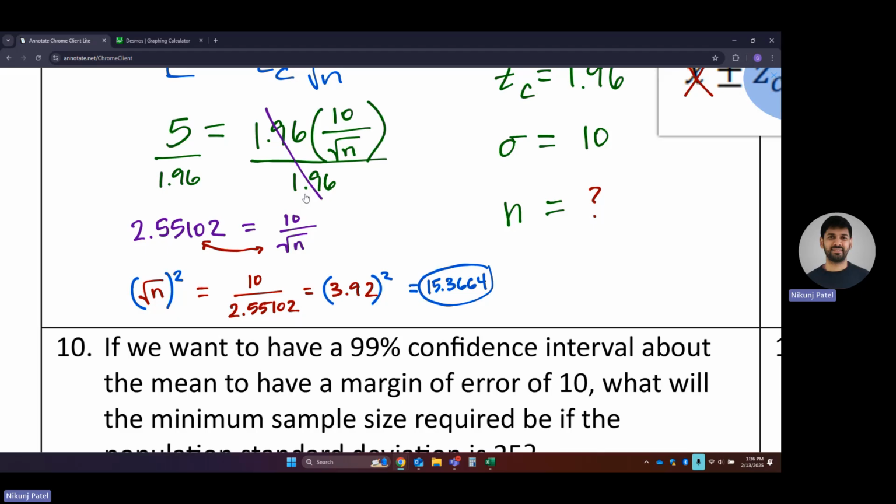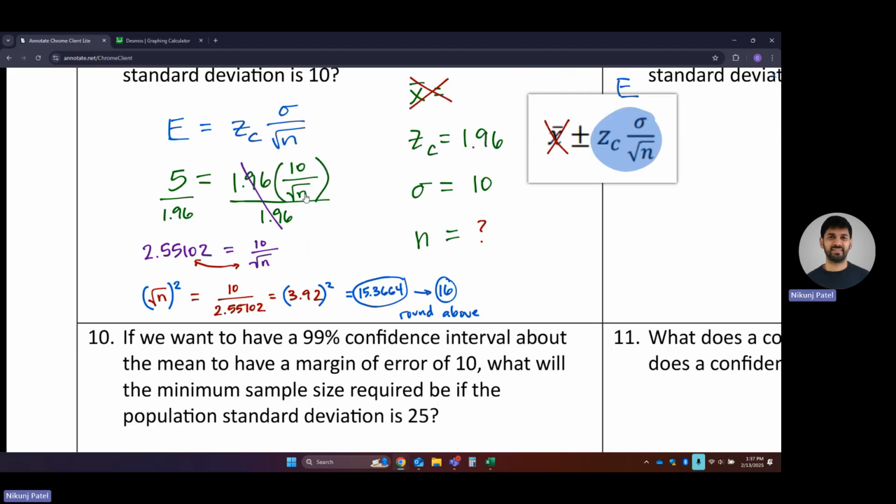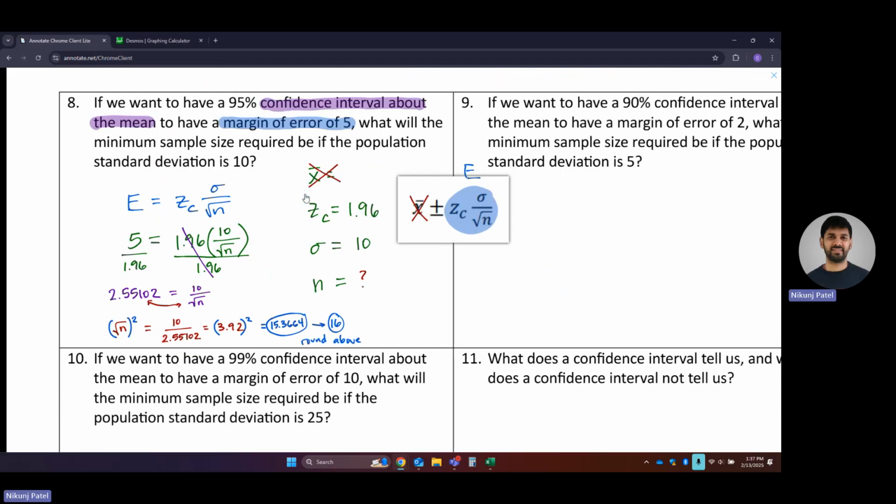Even though it's a 15.3, since it's talking about sample sizes, we're going to want to round this to the nearest whole number above 15. So in this case, 16. So I'm just going to say to round above it. That's only applied for this type of a problem.